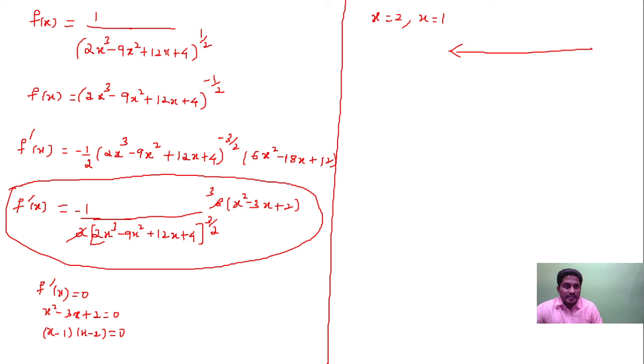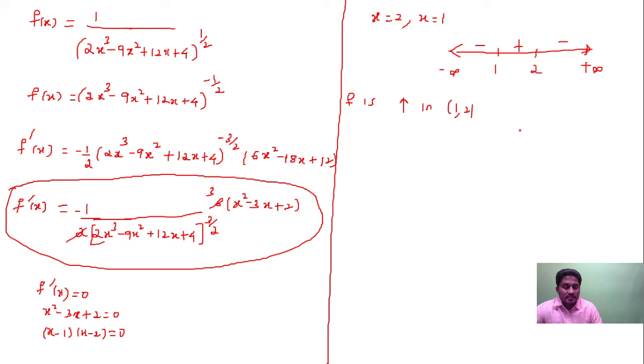Minus infinity to plus infinity. Fix the roots in increasing order: first you get 1, then you get 2. Start from the right. Since f dash of x is negative, I will write minus, plus and minus. Where is f increasing? F is increasing in the open interval 1 comma 2.